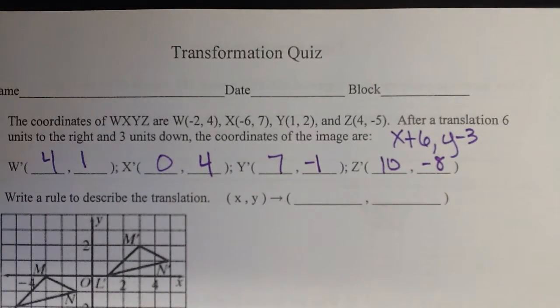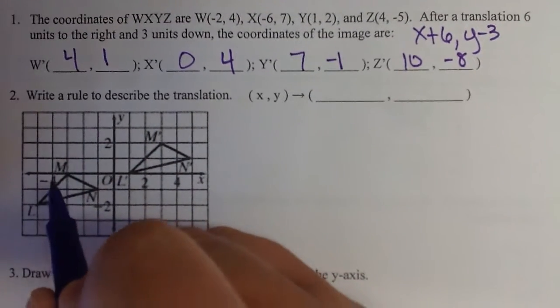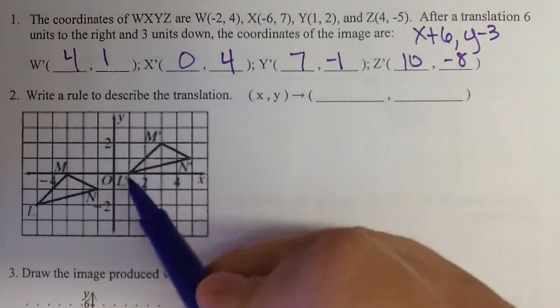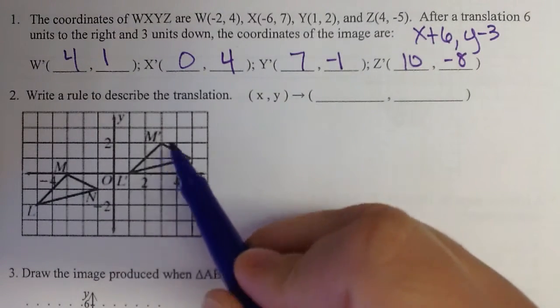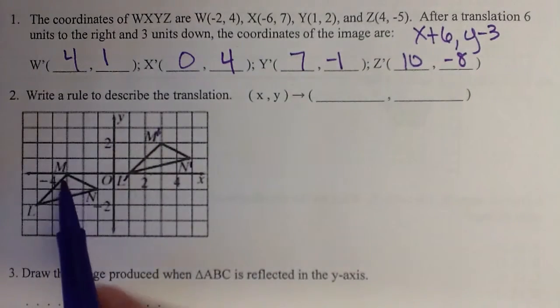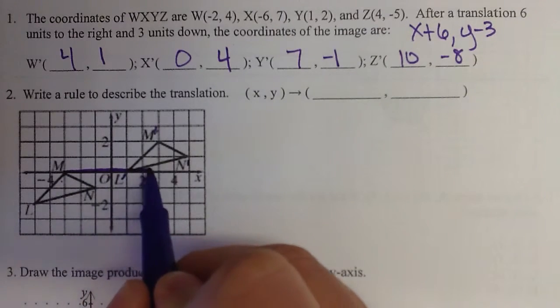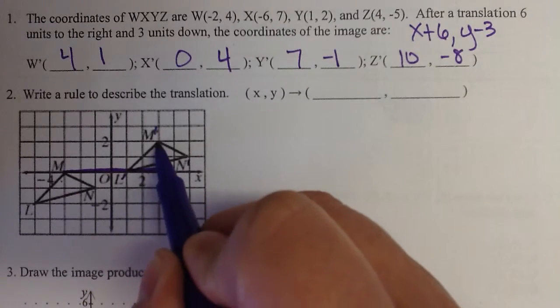On number 2, you have to write the rule to describe the translation. So this is our original one, there on the left. The new one is on the right, and those are listed by the primes that are there. We're going from m to m prime. So to get from m to m prime, we go 1, 2, 3, 4, 5, 6 to the right, and 2 up.